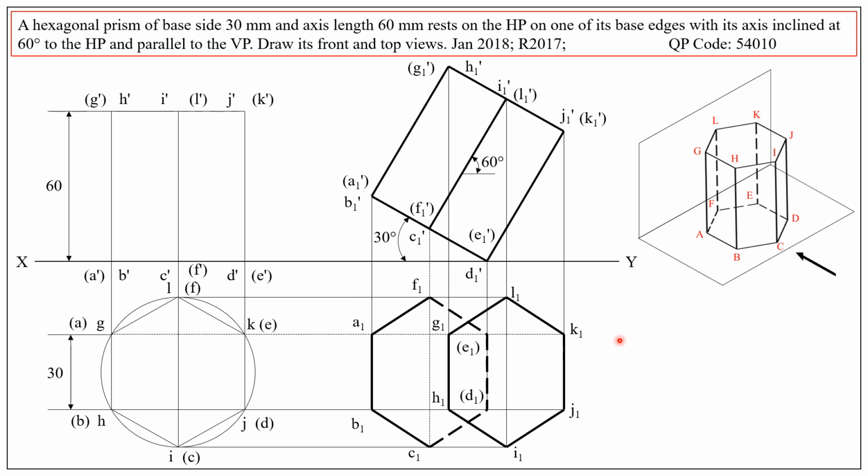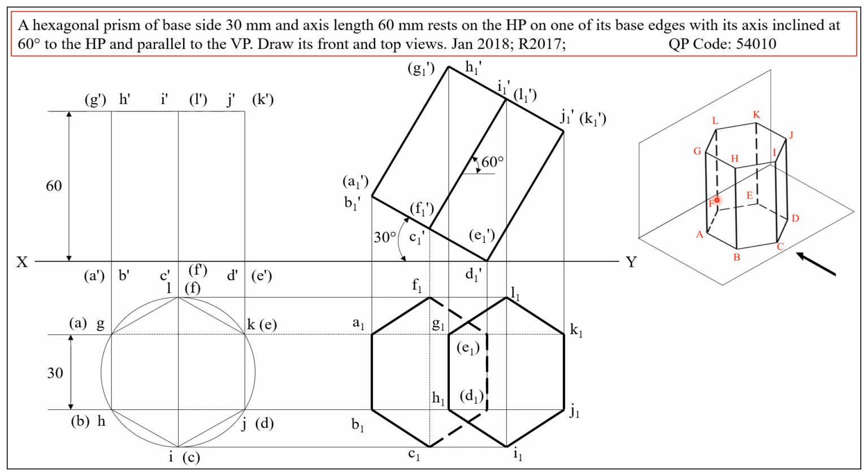So as a guideline, the solid in three-dimensional form is shown here, but remember, this is an assumed position. It is shown here just to easily visualize which point is connected to which other point.